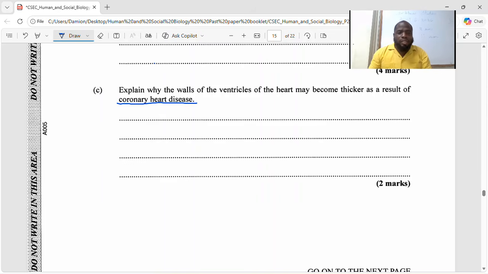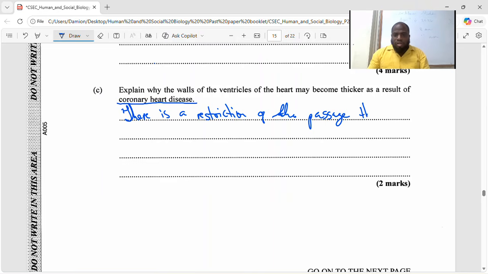Now, one of the things that we said is that there is a restriction of the passage, thus the walls are closer.